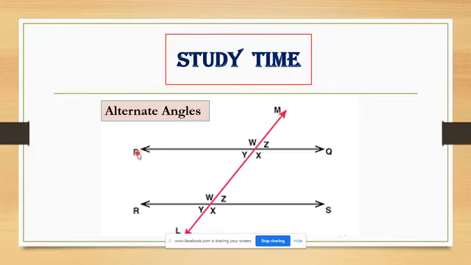Alternate angles: line PQ and line RS are parallel, line ML is a transversal. Here we can see there is formation of different angles, angle W, angle Z, angle X and angle Y. Here we can name them differently, okay.